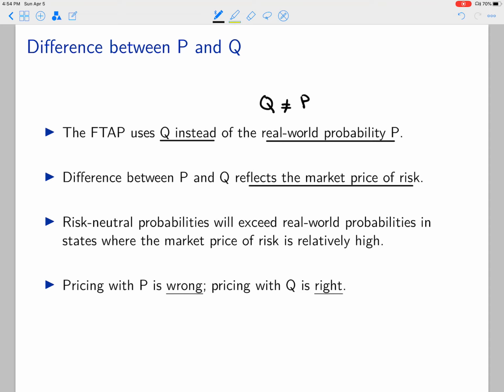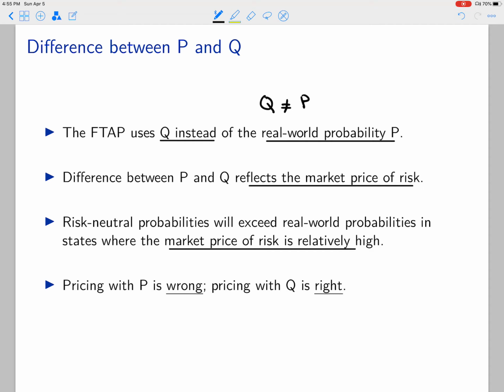Essentially, what the risk-neutral probabilities do is risk adjust the real world probabilities P. Risk-neutral probabilities are going to be higher in states of the world where the market price of risk is relatively high, and they're going to fall below real world probabilities in states where the market price of risk is low. For example, consider something like a recession.